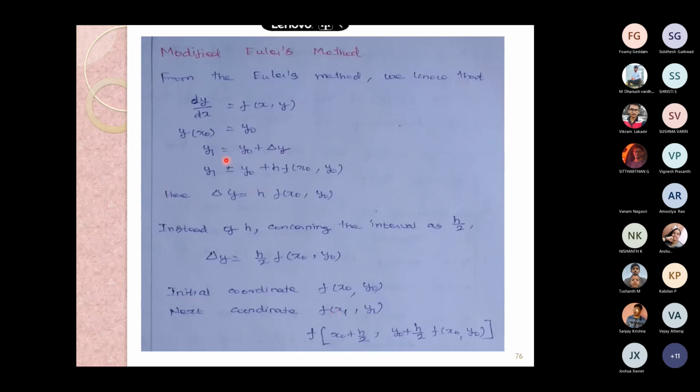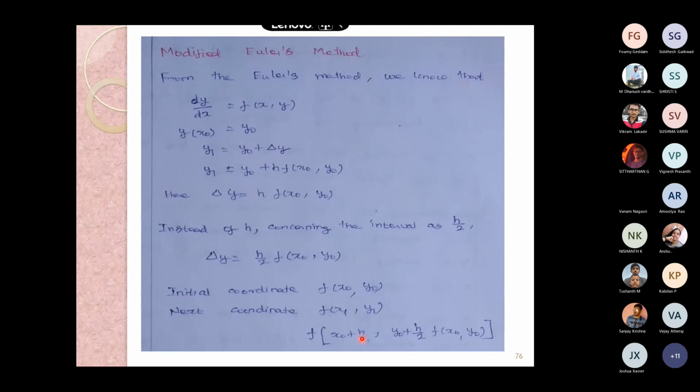This is about the modified Euler method. Here the basic information is dy by dx, y, y1 and yn. Here the initial coordinate is x naught y naught, and the next coordinate is x1 comma y1. The thing which we modified in the improved Euler method: instead of delta y, we considered the average of these two.